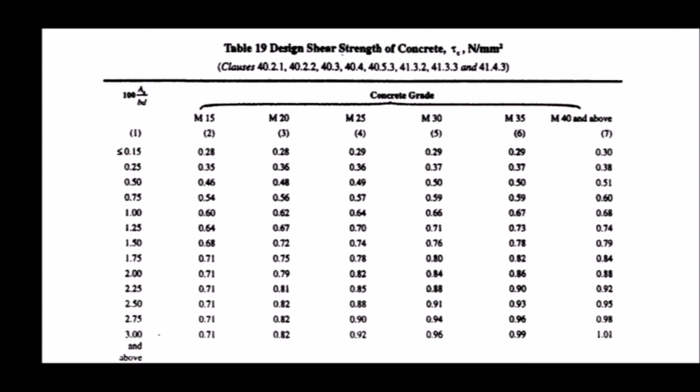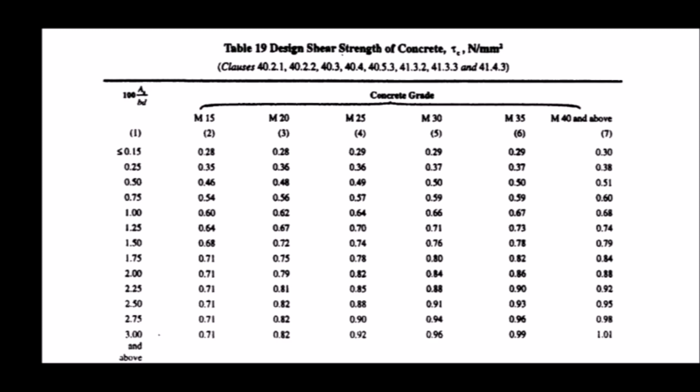From this table we have to find out the shear strength of concrete, how much it may carry. In the first column, this is percentage of steel. The formula is given just above the table, 100 into AST by BD. So our percentage of steel in this case is 0.8.